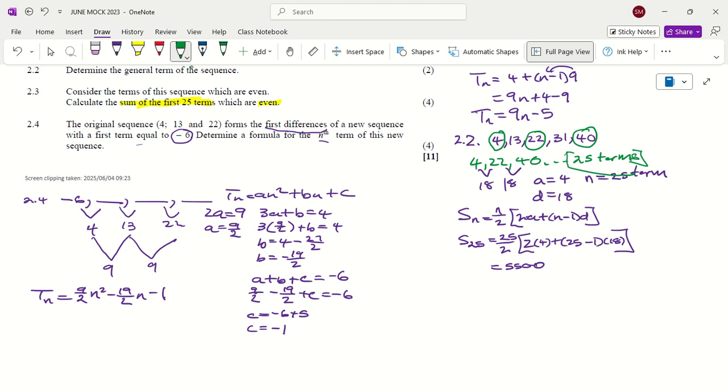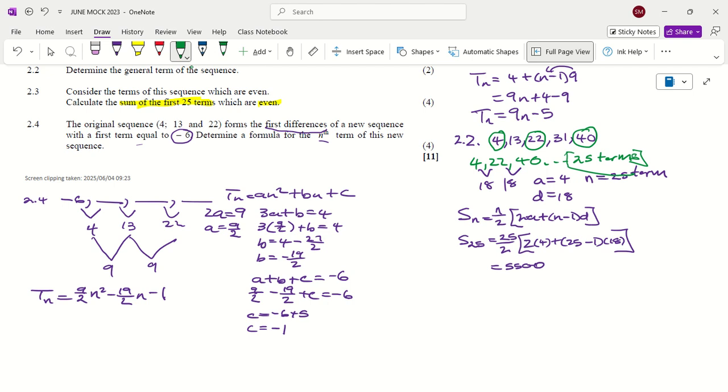It doesn't mean that 25 is part of the sequence. It just means how many terms are in the series. It's 25 terms.